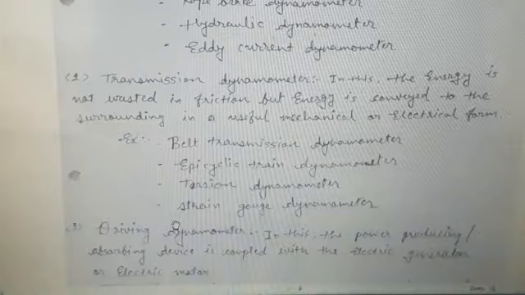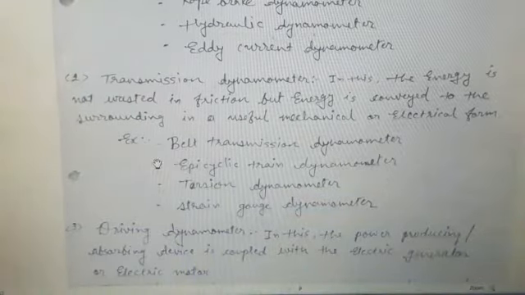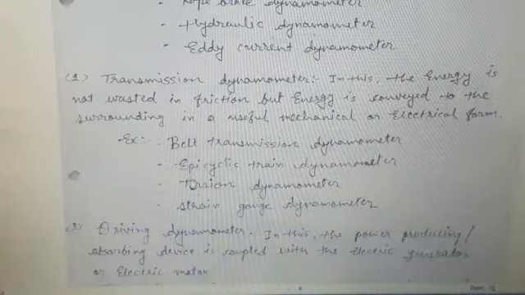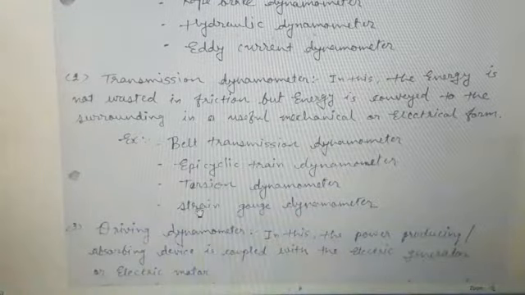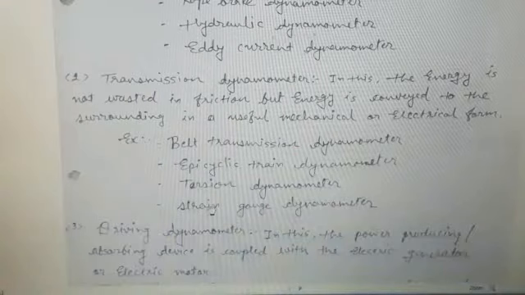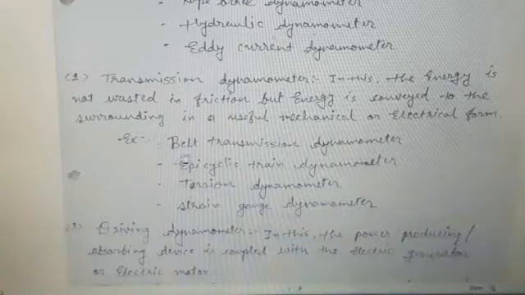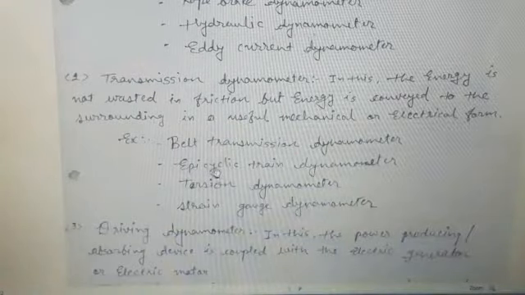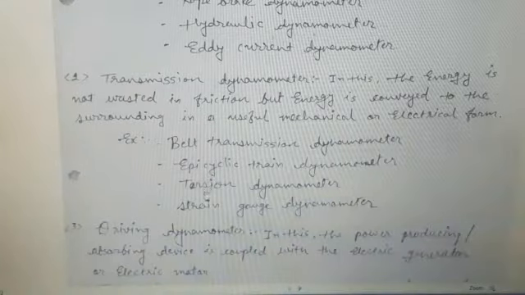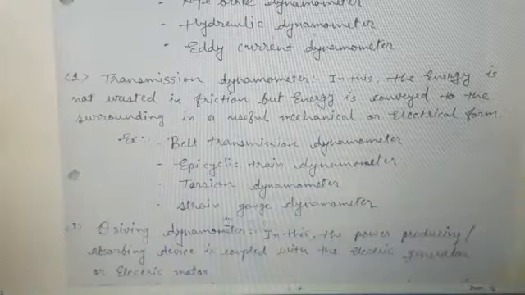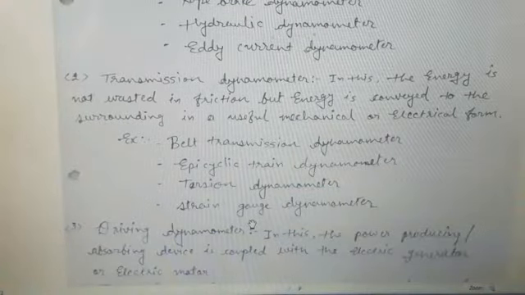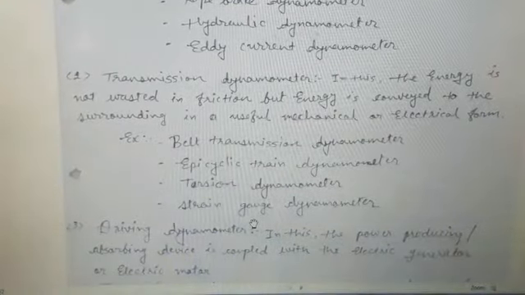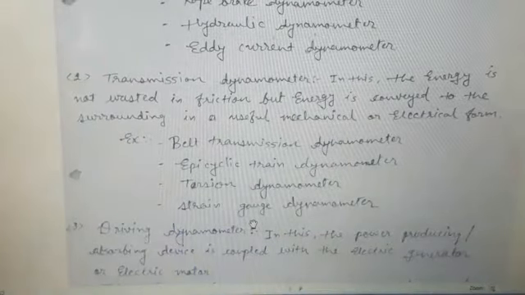Examples of transmission dynamometer are belt transmission dynamometer, epicyclic train dynamometer, torsion dynamometer and strain gauge dynamometer. This is the second type of dynamometer, transmission dynamometer.